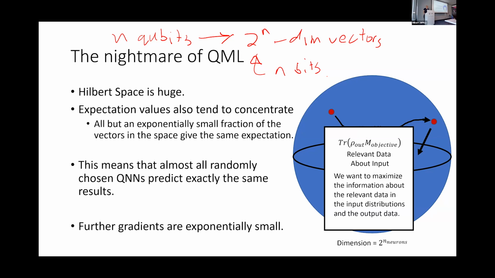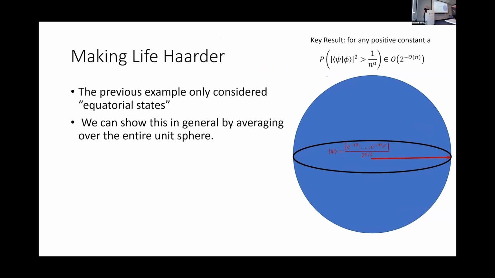Worse yet, the gradients are exponentially small, so you can't even train. Furthermore, to resolve those gradients, you need provably exponentially many measurements of the state. So you're just totally hosed, all right? And this effect is called a barren plateau.